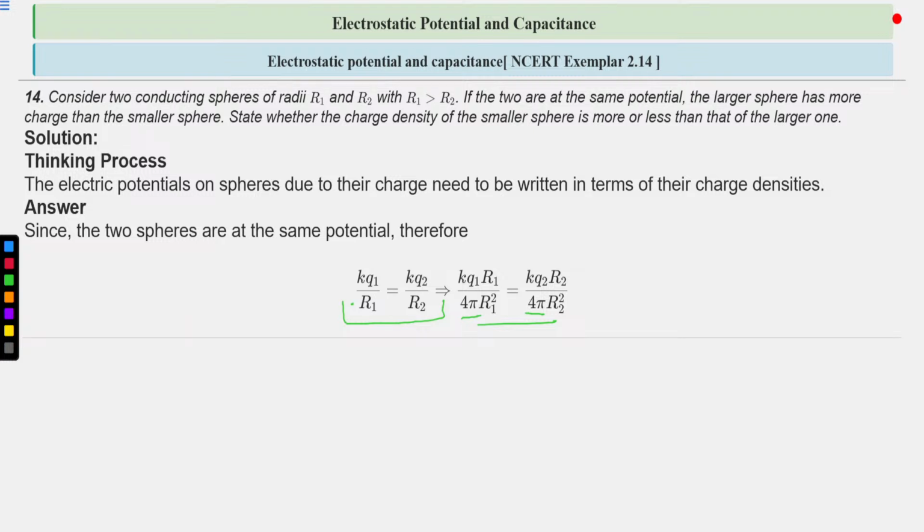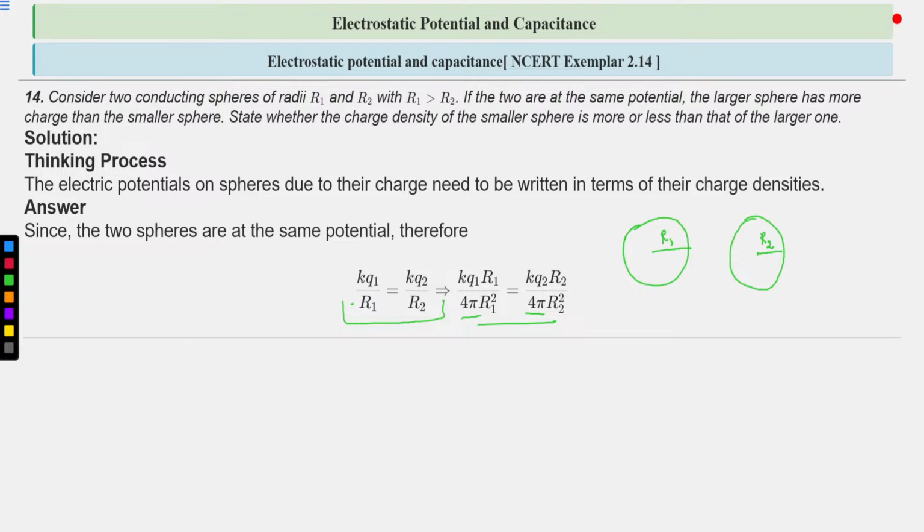I will also explain with the help of a diagram. This is the first sphere having radius r1, and this is the second sphere having radius r2. Since r1 is greater than r2, this is the bigger sphere.